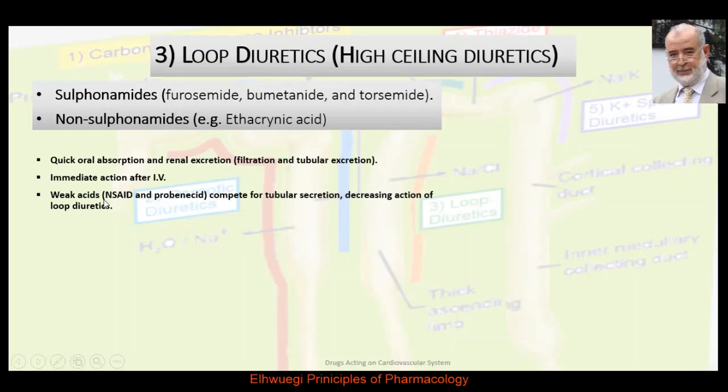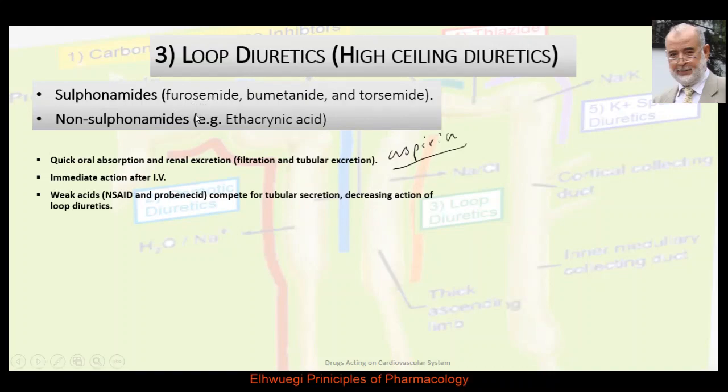Some people will tell you that aspirin will decrease the effect of loop diuretics. Give a reason. Why? Because aspirin-like drugs, most famous aspirin, if taken with loop diuretics, can decrease the diuresis produced by loop diuretics.